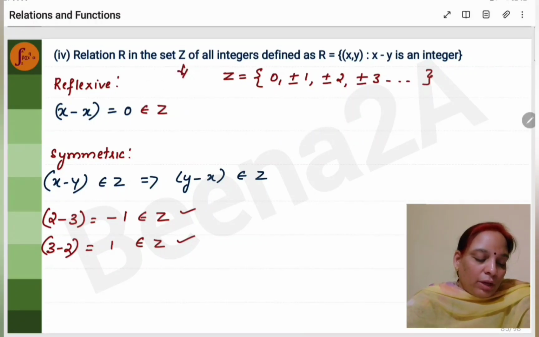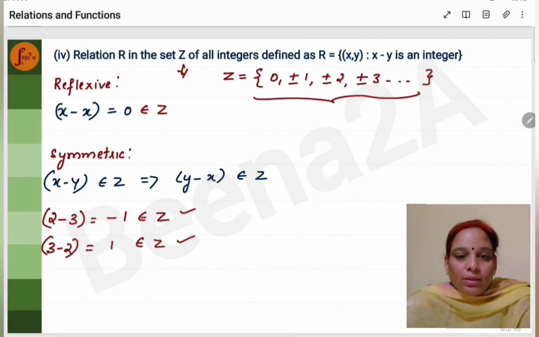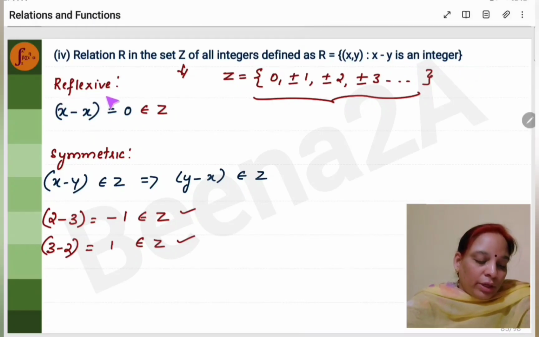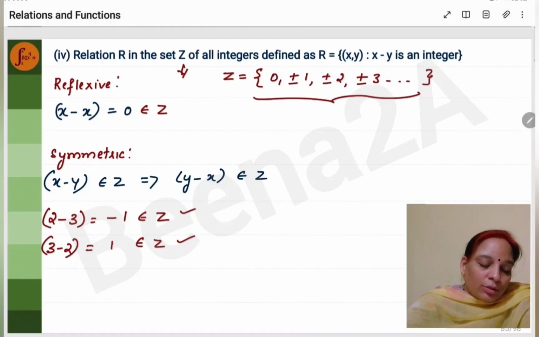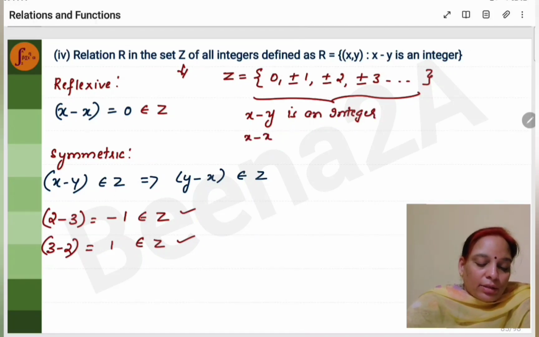Now you have Z, which is the set of all integers. The relation given is x minus y is an integer. Now let's look at the reflexive condition. For reflexive, the first element and second element have to be the same. So instead of y, I'll put x itself.